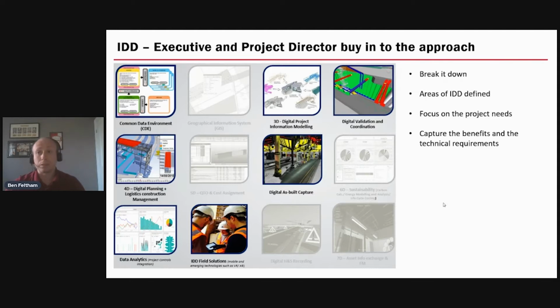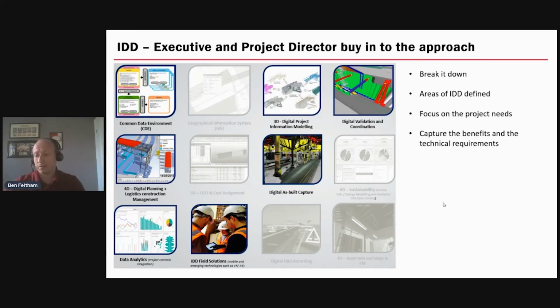We need to do 3D modeling because that adds huge benefit to the project. We need to do the validation and coordination of that with survey, and we need to look at our planning and logistics. Then as-built: we need to be capturing the as-built as we go and handing that over. Let's use our analytics tools to analyze that, and in the field, capture where we are and what status we're at, using all those status suitability codes. So that's how we did it.